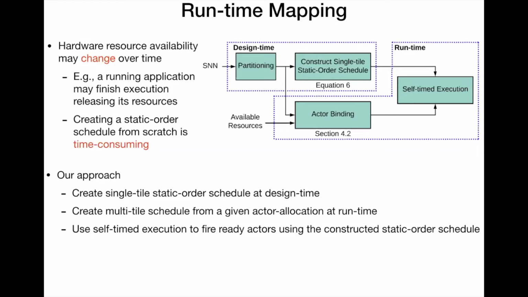But every time the number of resources in the hardware changes, we need to construct the static order schedule from scratch, right? And this is very time consuming. So to address that, we propose a new approach for a runtime compilation technique, where we create a single tile static order schedule at design time and store this schedule.